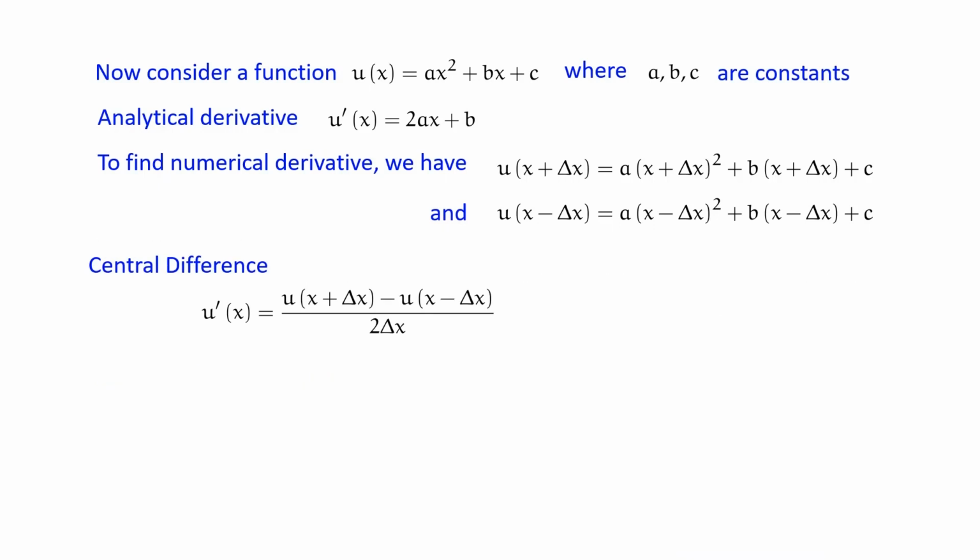Now we want to continue with the same function and see the central difference, that is u(x plus delta x) minus u(x minus delta x) by twice delta x.